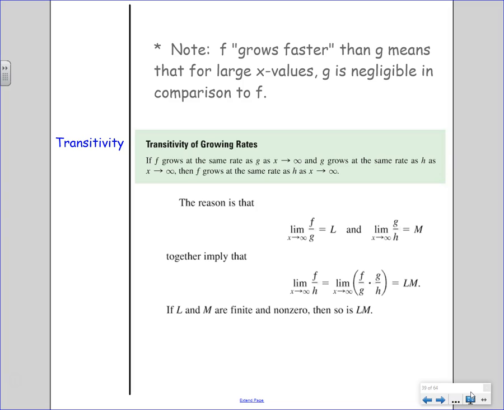We could say, oh, a constant and a constant, therefore, of course, they must be growing at the same rate as well. Because remember, at this point in math, we can't just look at it and say, oh, it makes sense, must be true. We have to have some sort of reason behind it. Anyway, I thought that was an interesting reason as to why. Using limits to actually make a proof of the transitivity of growing rates.